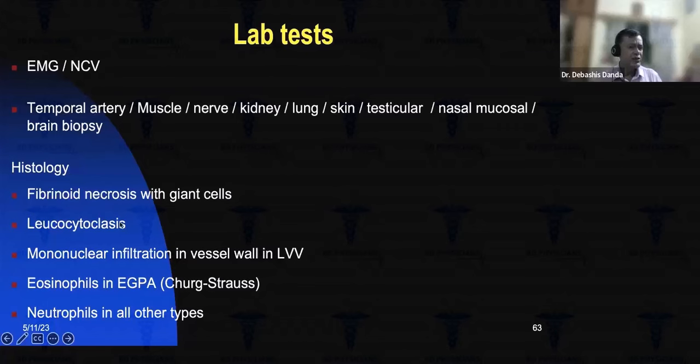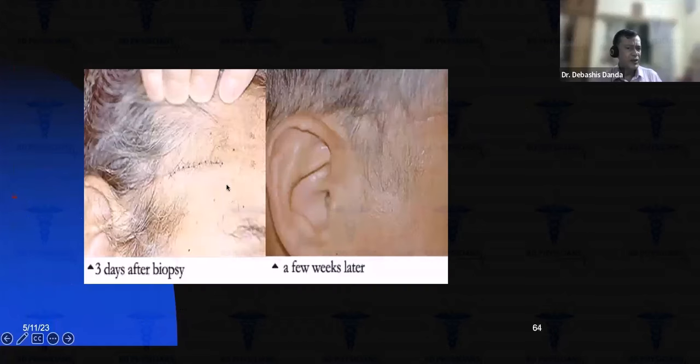Fibrinoid necrosis with giant cells, leukocytoclasis, and mononuclear infiltrate in the vessel wall in large vessel vasculitis; eosinophils in EGPA or Churg-Strauss vasculitis; and neutrophils can be there in all other types of vasculitis. So these are the classic features whenever you do a biopsy to prove vasculitis. It can show the broad features as well as specific features of different types of vasculitis.